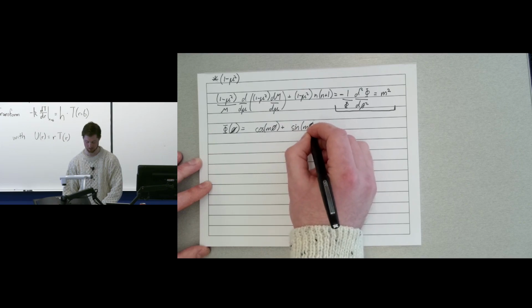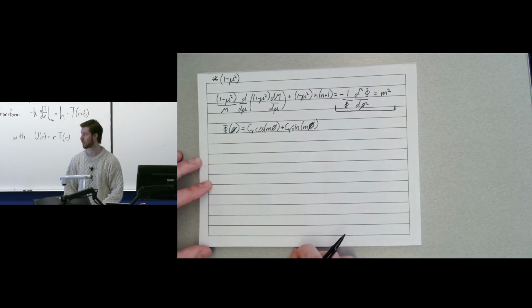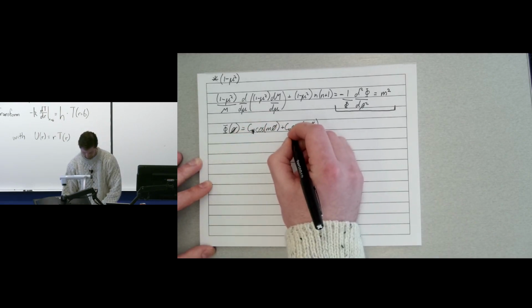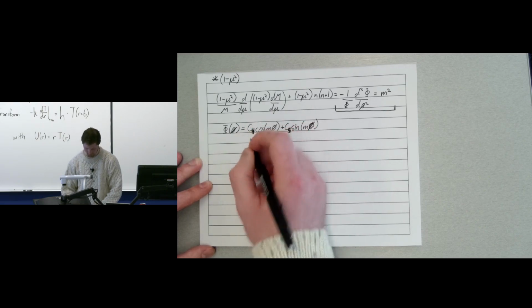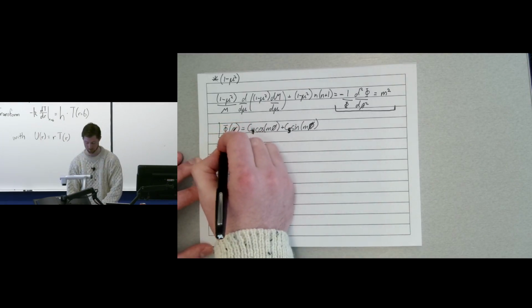Am I missing anything here? Or constants, right? C4 and C5. Okay. Same exact solution that we have for Cartesian. We've all seen this equation before.